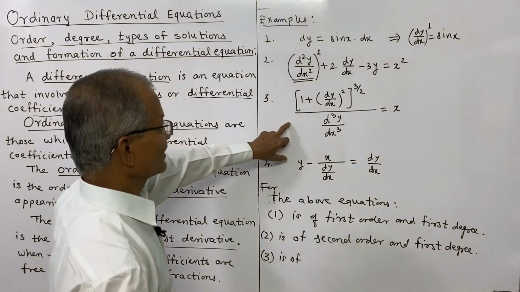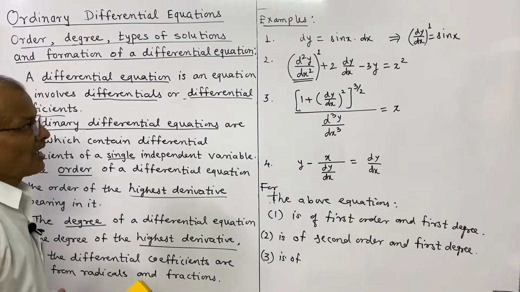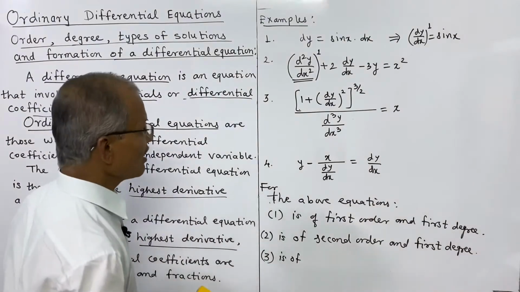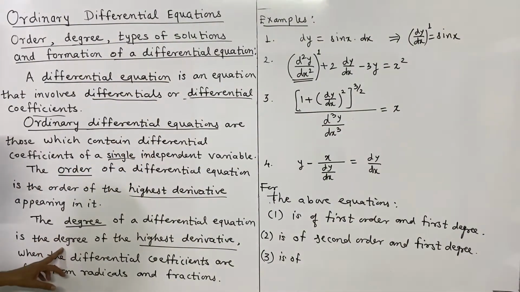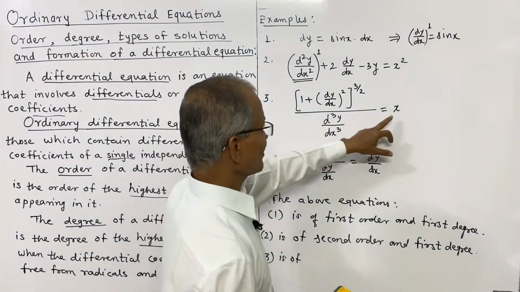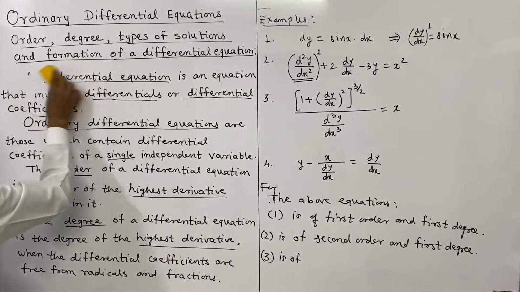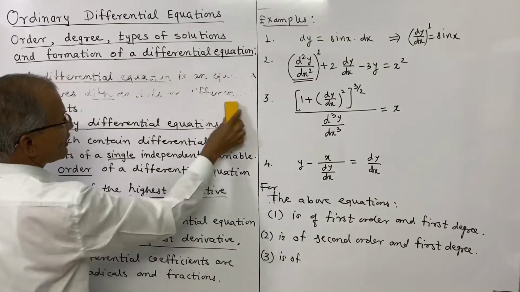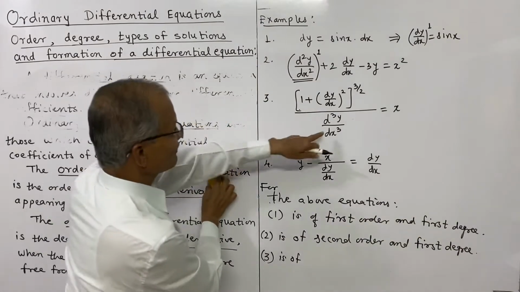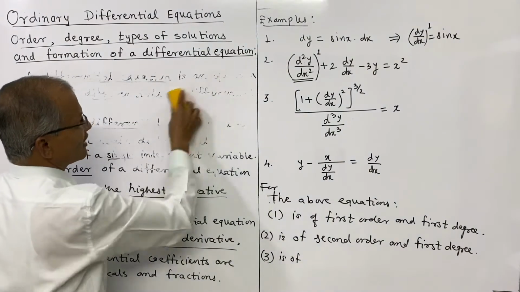Now for the third equation, we shall decide the order and also the degree. To decide the degree, this equation can be written by transferring this term to this side. It may be written as 1 plus dy by dx, the numerator, and if we transfer that term to the right side, then that will be x times d cube y by dx cube.